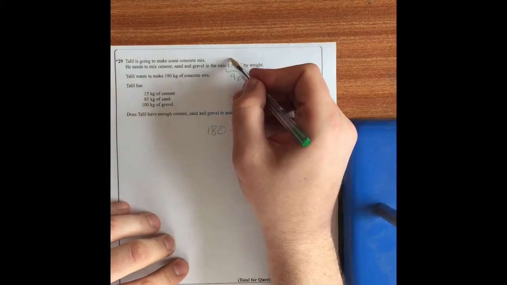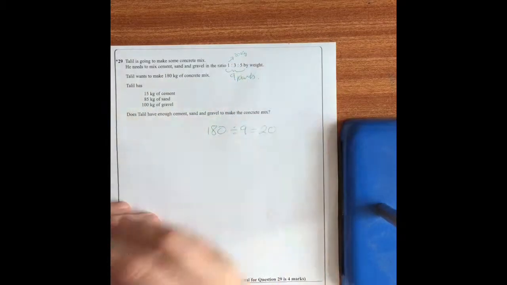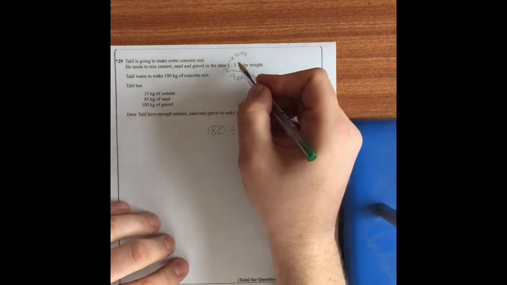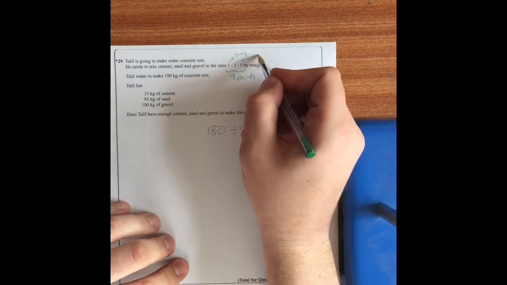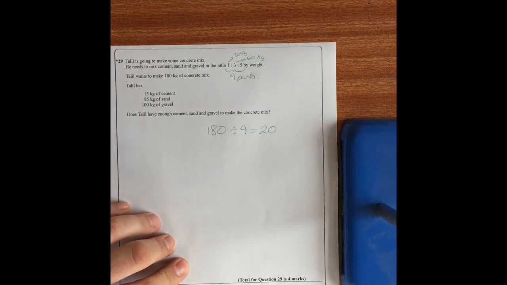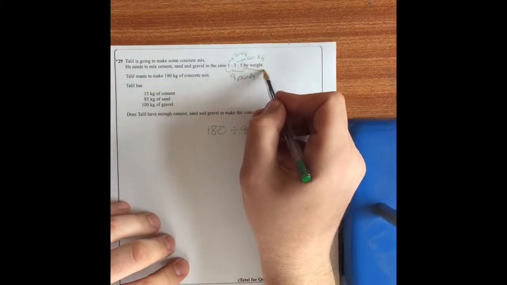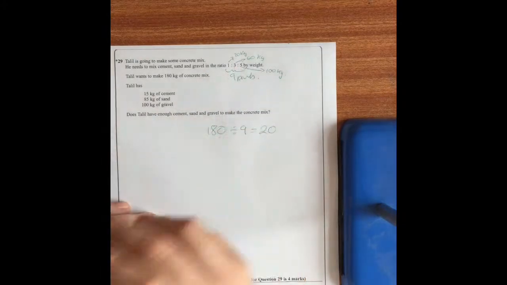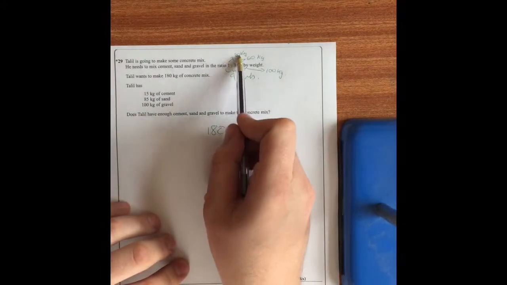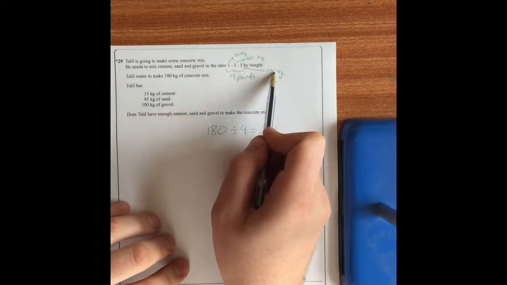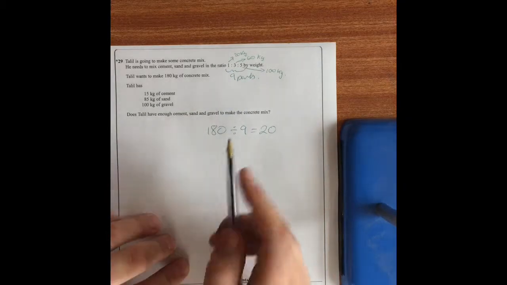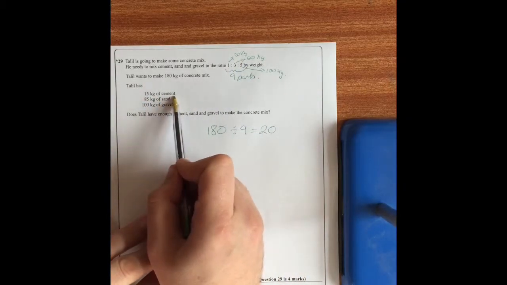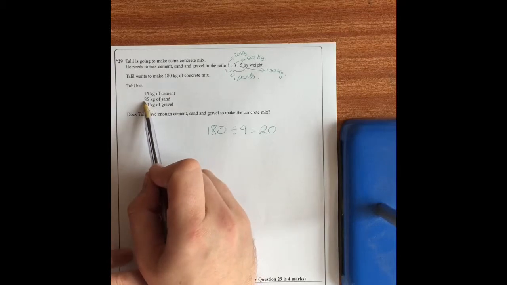So he needs 20 kilograms of cement, 60 kilograms of sand, and 100 kilograms of gravel. 1 times 20, 3 times 20, and 5 times 20. You can see that he only has 15 kilograms of cement, so that's not enough.